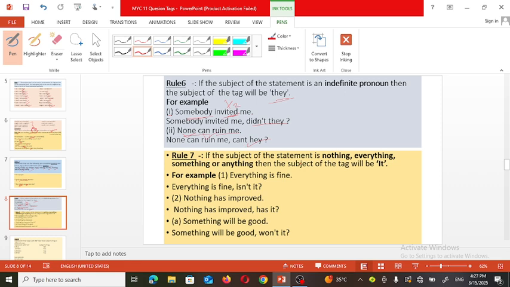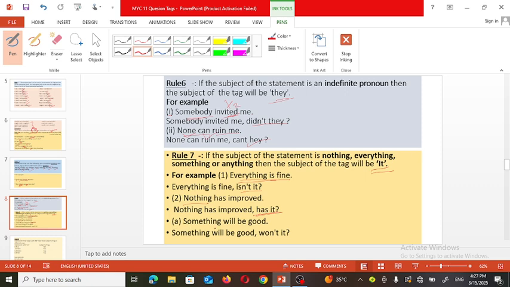If the subject of the statement is nothing, everything, something, or anything, in such cases we can use it. For example, everything is fine. The sentence is positive. So the question will be negative. Isn't it? Nothing has improved. Nothing. Negative sentence. So the question will be positive. Has it?